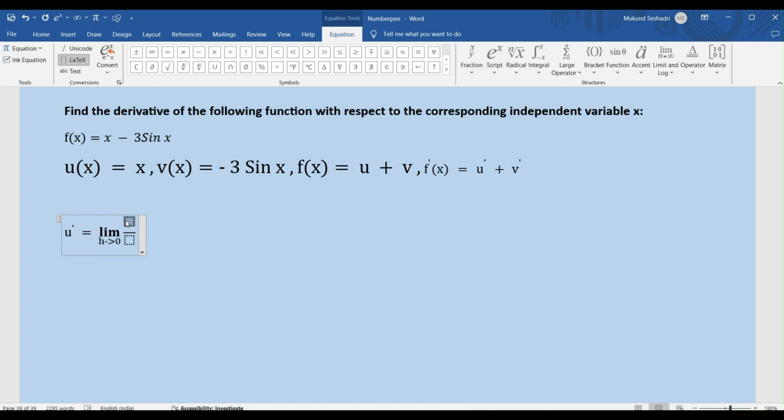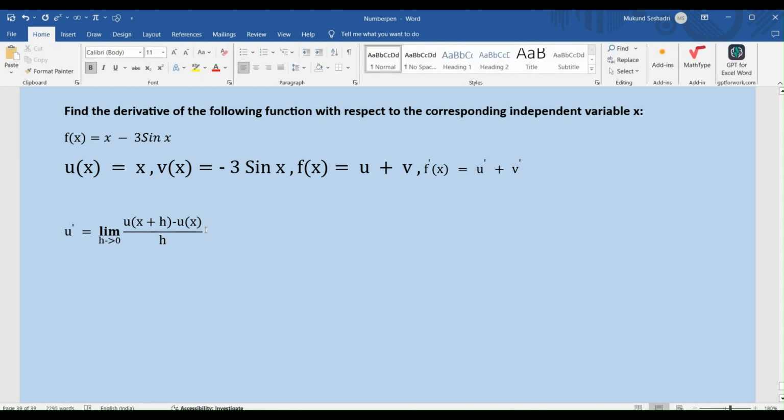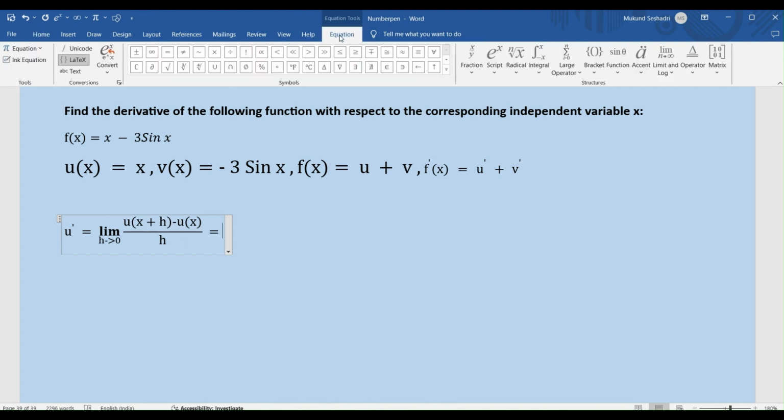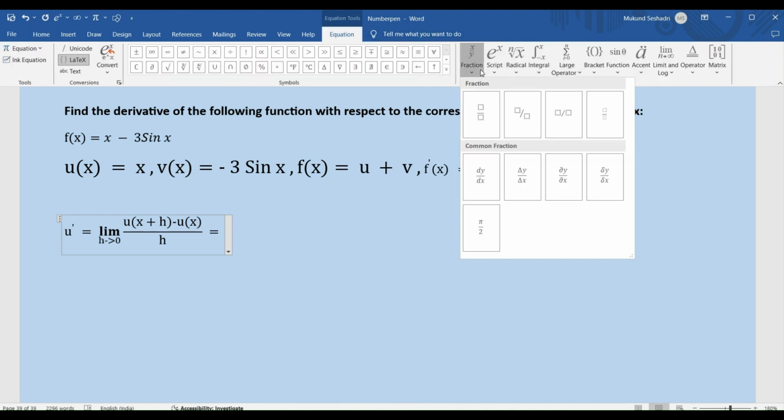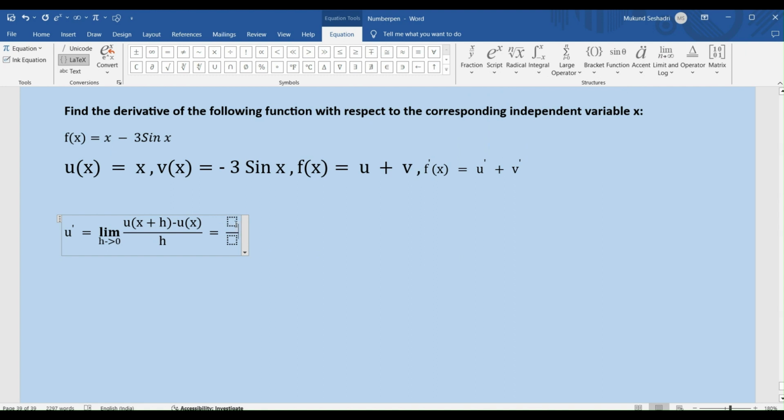So my u dash is equal to u of x plus h minus u of x divided by h, right? And what is my u of x plus h? My u of x plus h is nothing but my x replaced by x plus h in u of x, right? So let me write that out. My u of x is x.